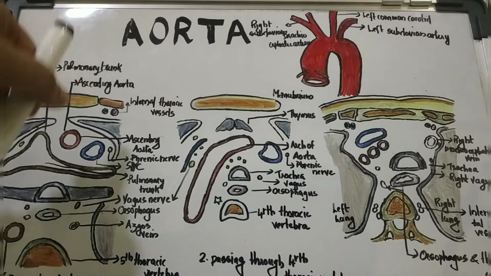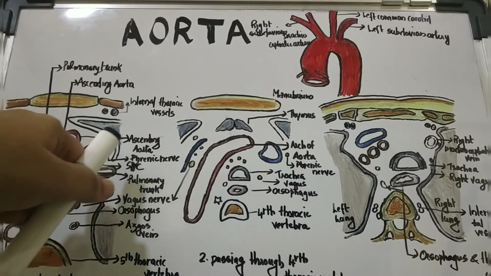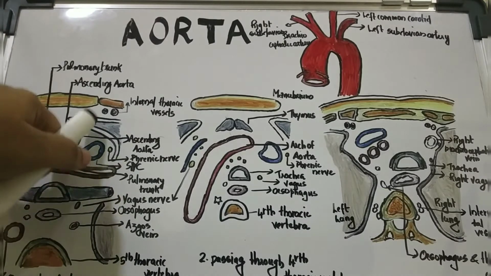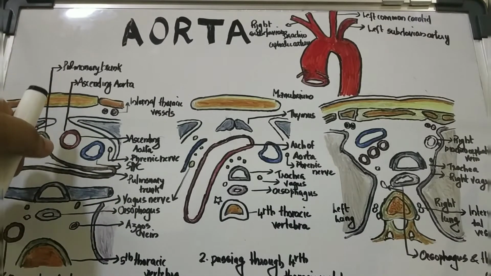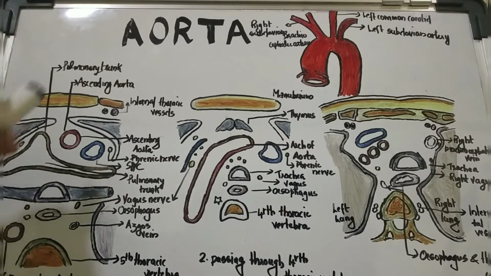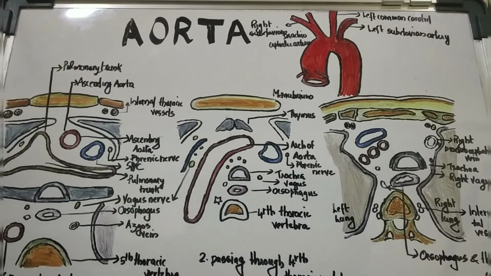On the right side it is related to the superior vena cava and also the right atrium. You cannot see that. On the left it is related to the pulmonary trunk above and also the left atrium below. So these are the relations.